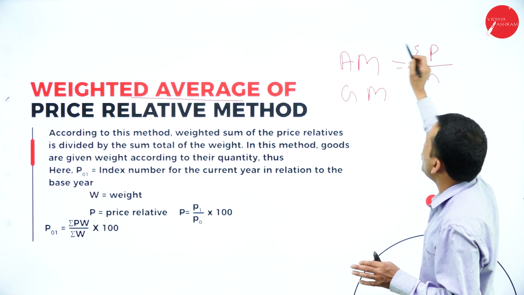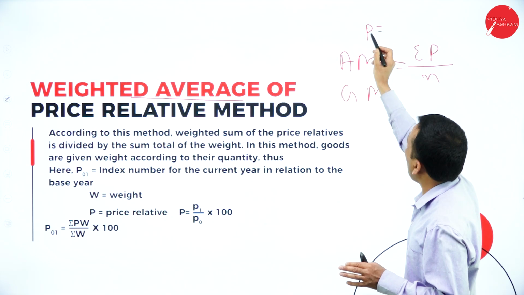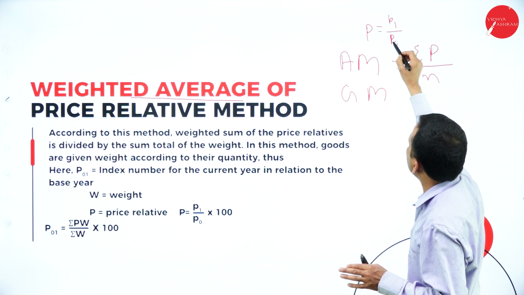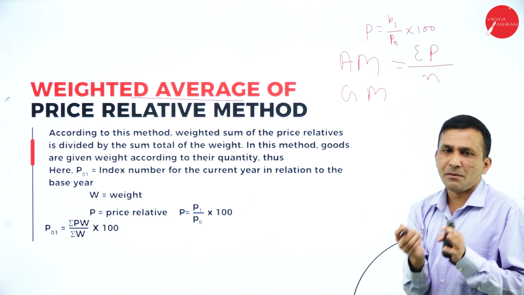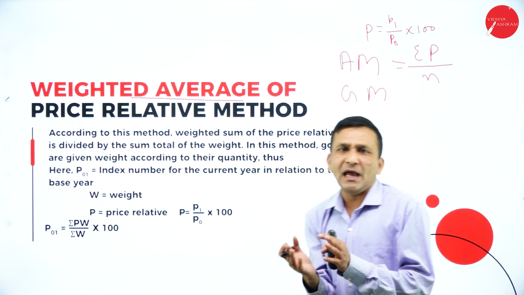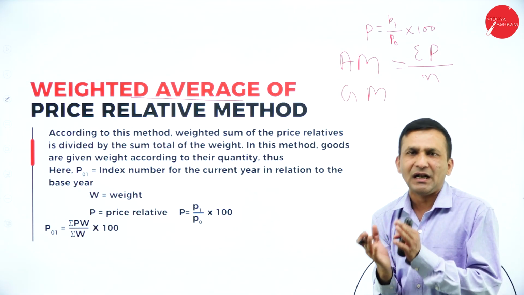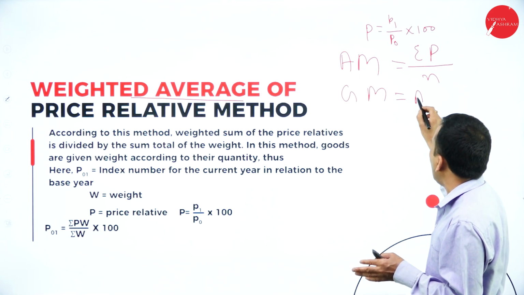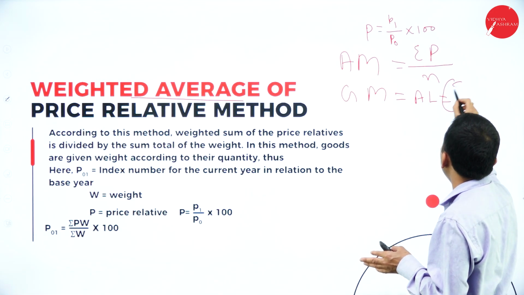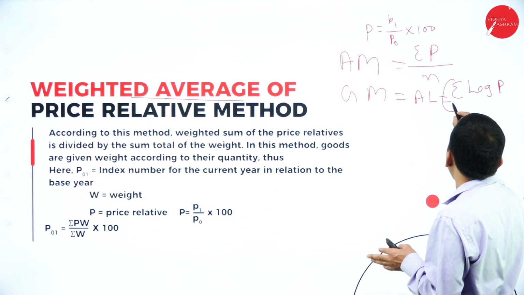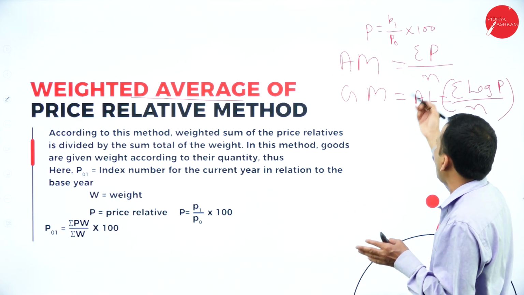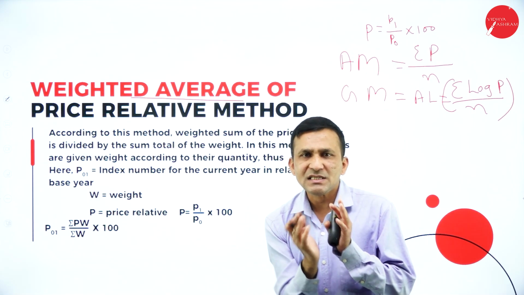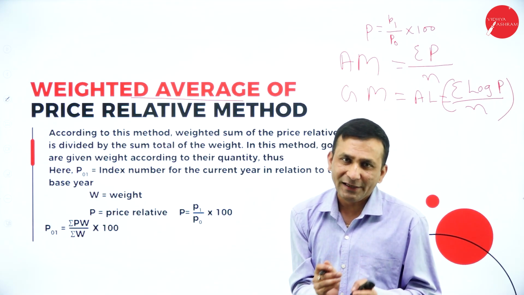How to find P? Capital P is equal to small p1 divided by small p0 into 100, using the base year and current year price, which is nothing but your arithmetic mean. For the geometric mean formula, you know, it is the antilog of sigma log P divided by small n, the number of items. With the help of P only, we find the log, using a scientific calculator or you can use the logarithm table.